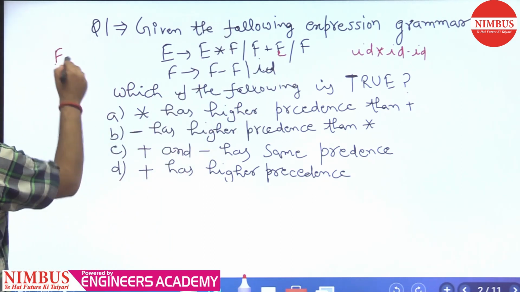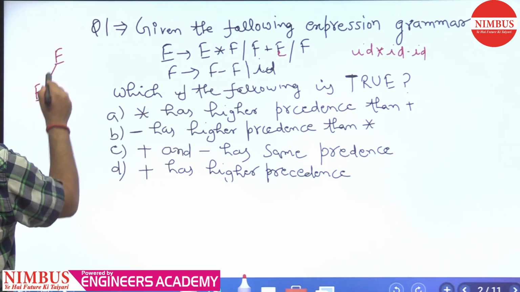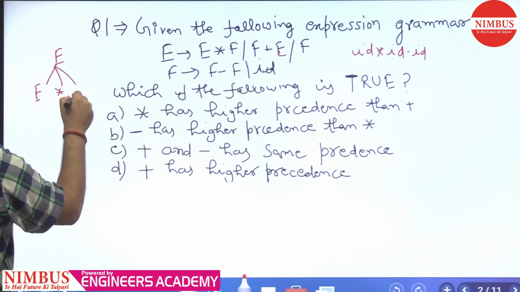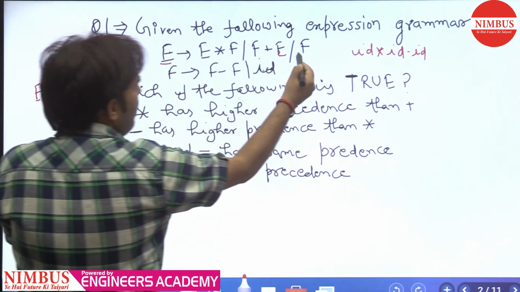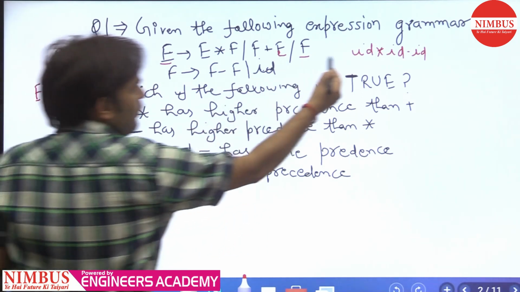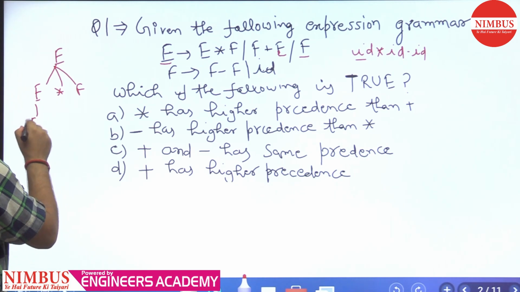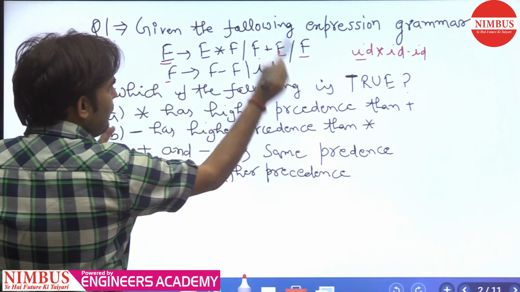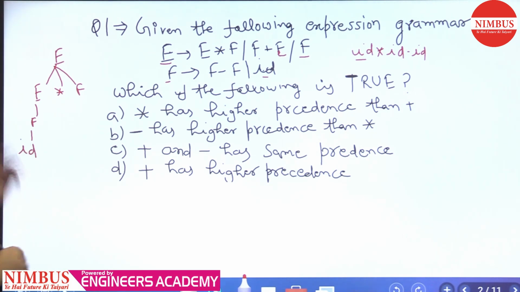So E tends to E asterisk F, and through this E you can directly get F, because you need id. So you can directly get F through this E, and through this F you can get id, understand.